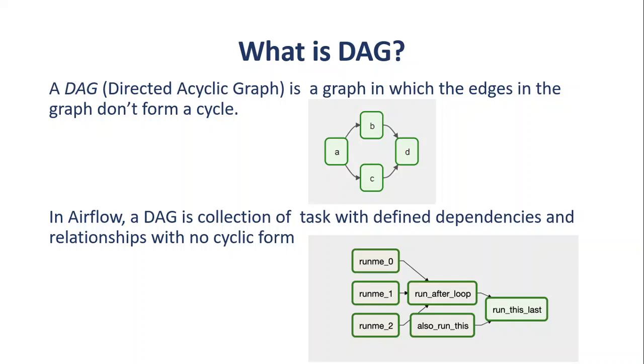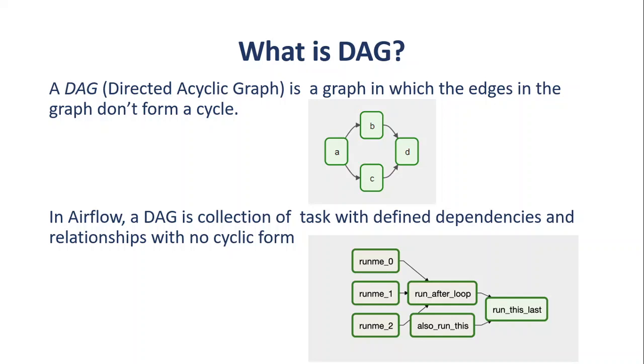If you look at the second image, here we have nodes, like run me 0, run me 1, run me 2. All these nodes are the tasks and the arrows are the dependencies. And it has to be acyclic, meaning there should not be a cycle. So that is basically a DAG. And to understand it better, don't be confused about what a DAG is in Airflow: a DAG is nothing more than a Python file.